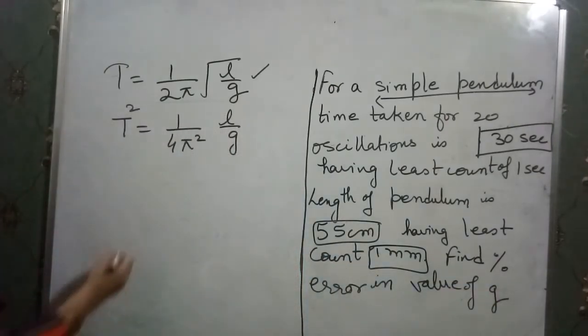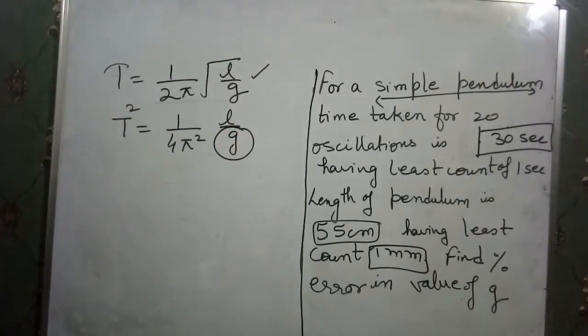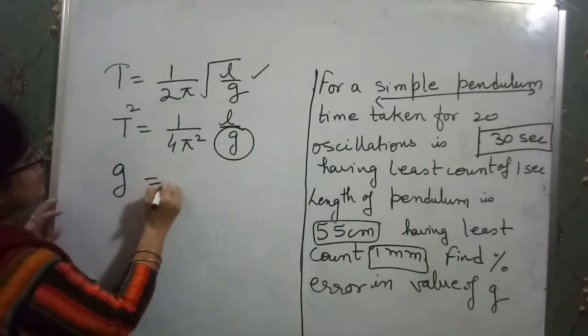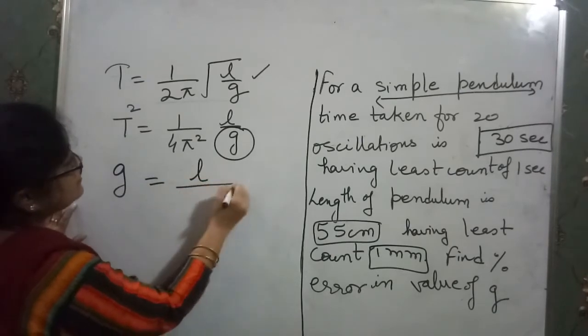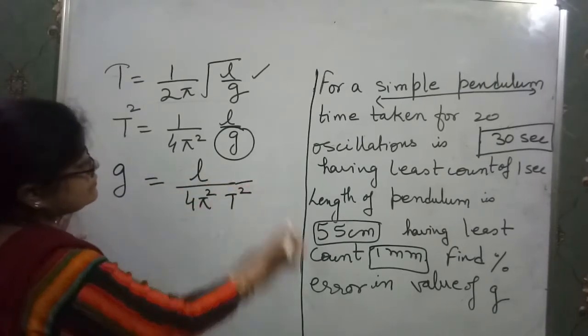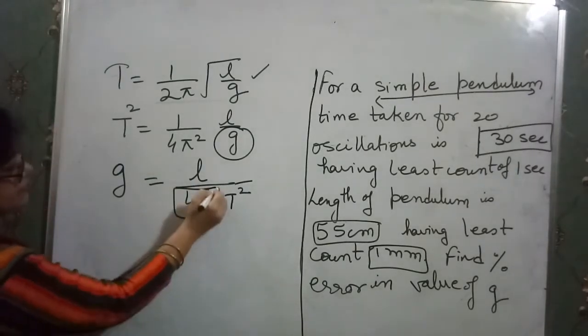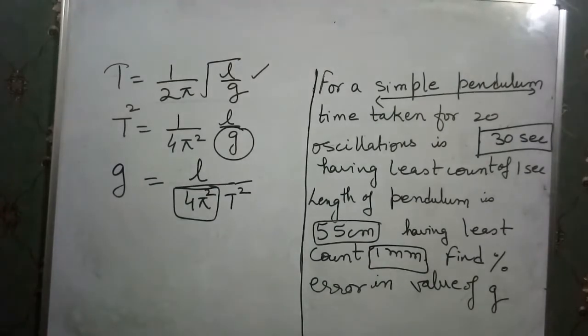So just observe the formula, we have gravity over here. So transform the formula, we have g equals 4 pi square L over T square. Clear? So what we do, this is a constant quantity. We leave the constant quantity in finding the errors in case of dimensions.